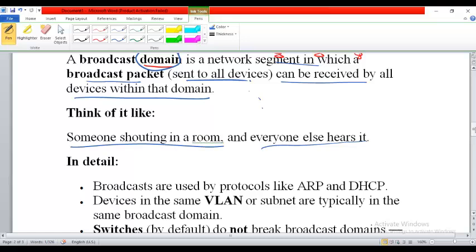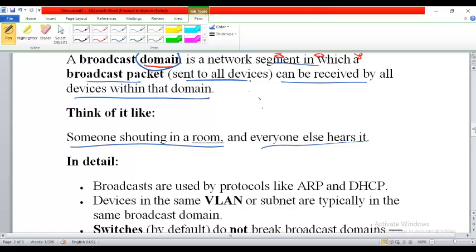But if I shout, definitely my house members in other rooms, on the first floor, in the garden, they can all come and see what happened to me. Which means they're all in the same broadcast domain. So a broadcast domain is that distance or limit within which my traffic will go. You understood?